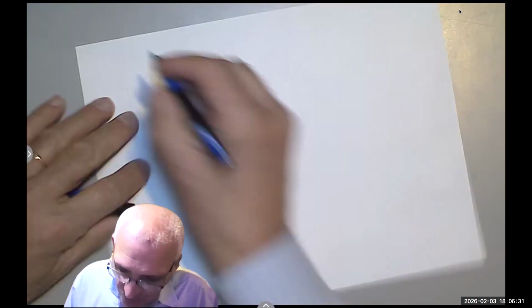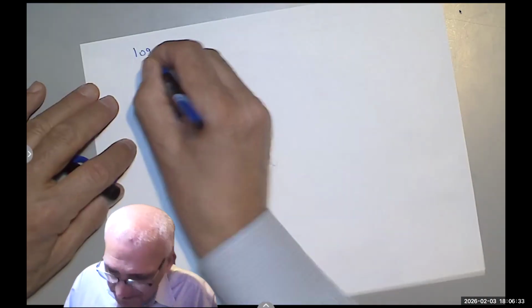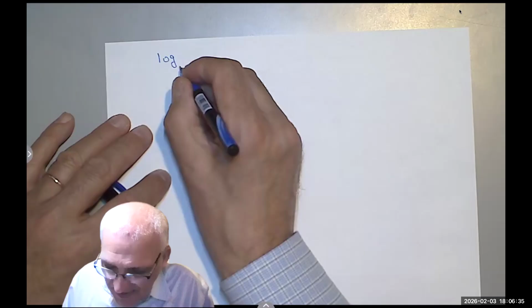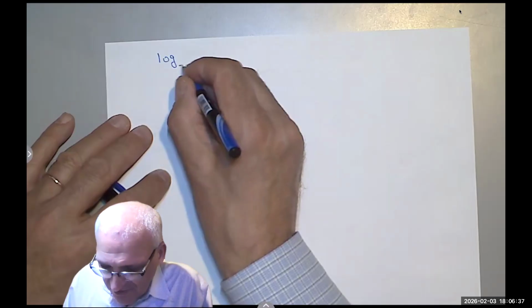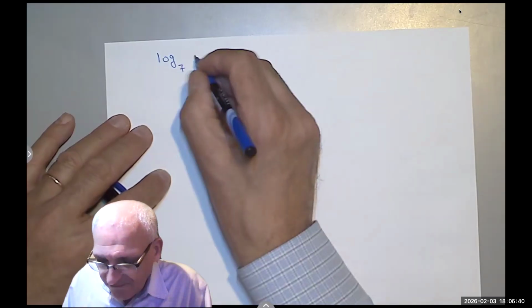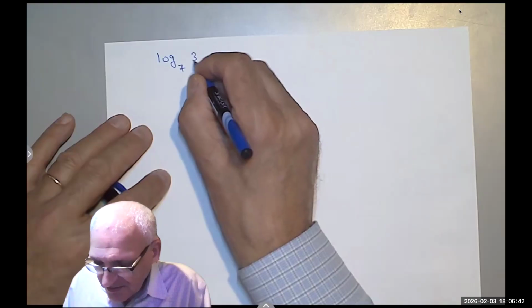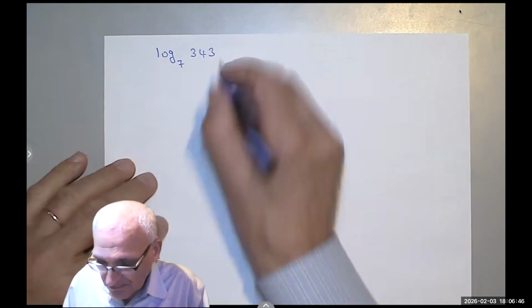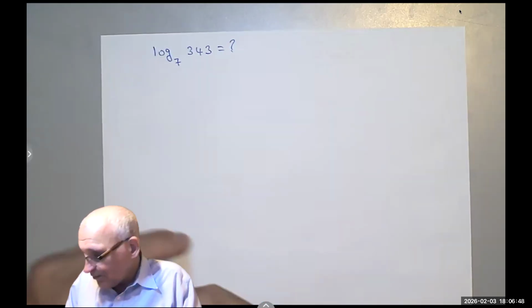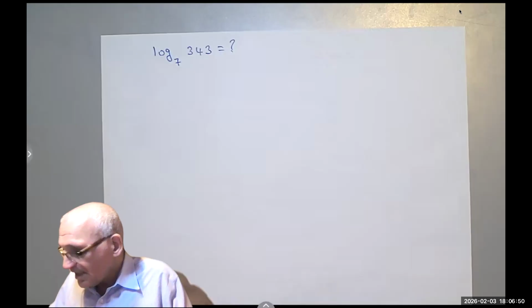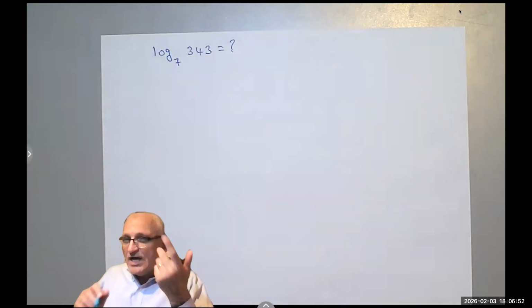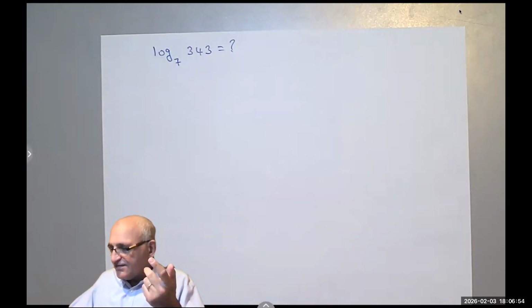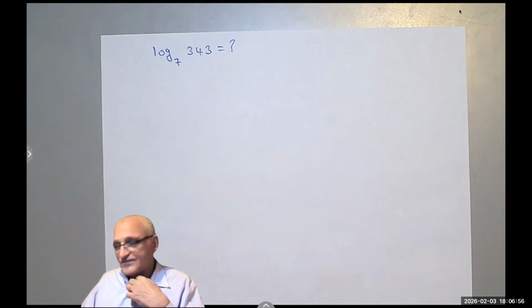Suppose I say, what is log to the base, say, 7 of 343? Well, if I give you something like that, you have to suspect that 343 is a power of 7.